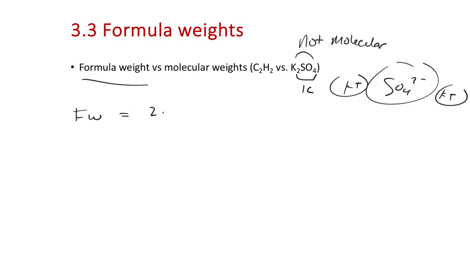Okay, so our formula weight for K2SO4 very much the same process. So 2 times the average weight for potassium, so 39.10. 1 times 32 for sulfur, 32.07. And then plus 4 times oxygen is 16.00.